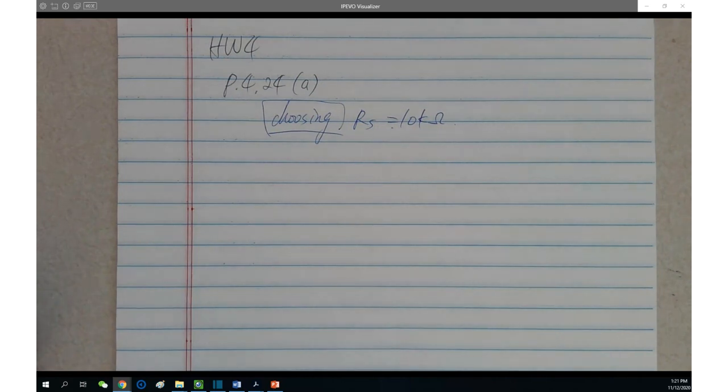We can follow. This is how you deal with RS, one of the unknowns. Because from the circuit analysis, we can't find out the RS value. We have to choose a value.